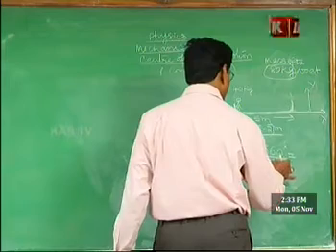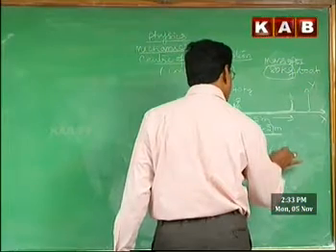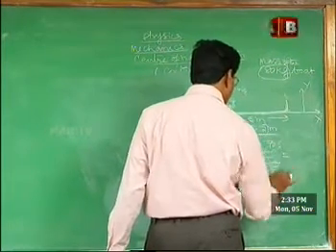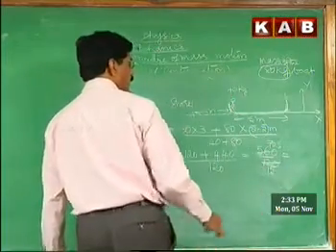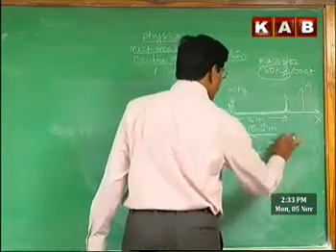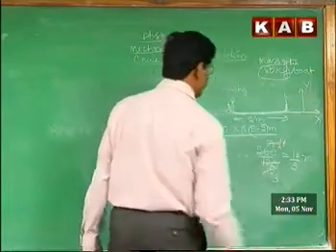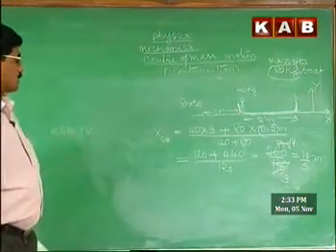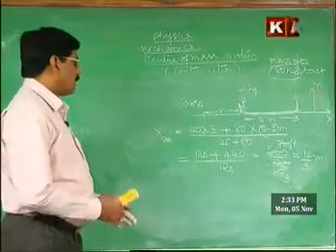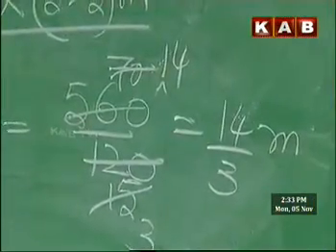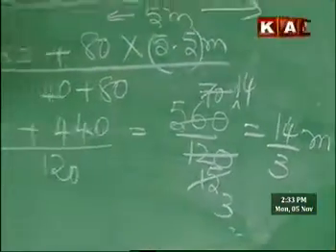So this comes out to be 14 by 3 meters. So the initial position of the center of mass is at 14 by 3 meters from the shore.